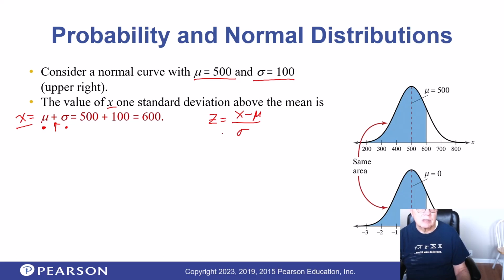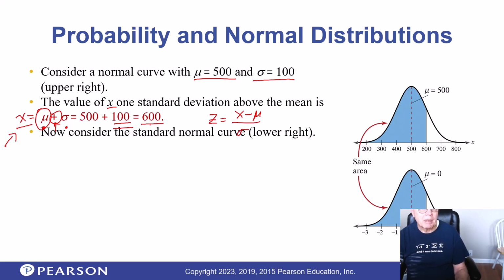Very close. This might be handy to remember. But remember, the X score will be either to the right or to the left of the average or the mean. And your standard deviation could be positive in this case, or it could be negative. In this case, adding the standard deviation gets you up 100 to 600, and that's your X score.